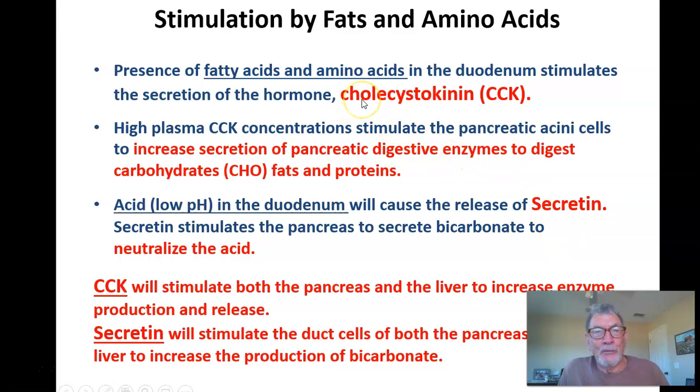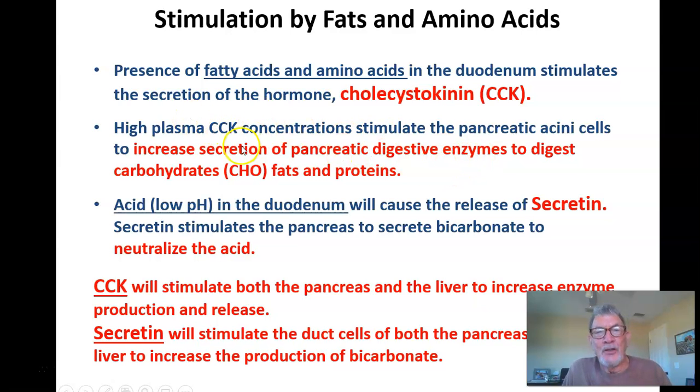Now remember, we're back to our first lecture. What identifies food in the intestine and tells you to secrete digestive enzymes? Cholecystokinin, CCK. You're using CCK to send signals to the pancreas and the liver so that you get bile and pancreatic juice dumped in as you need it. CCK increases the secretion of pancreatic digestive enzymes.